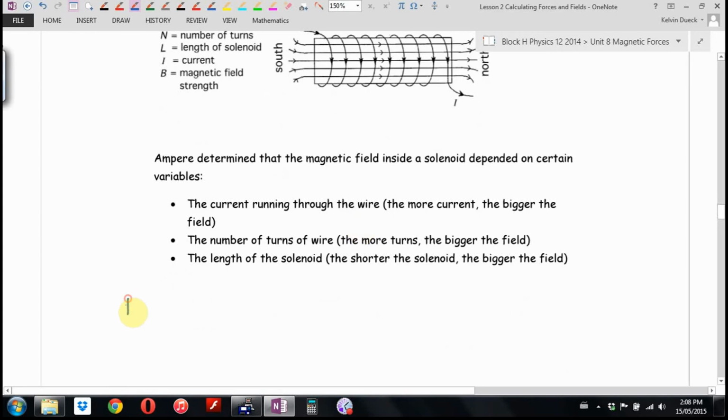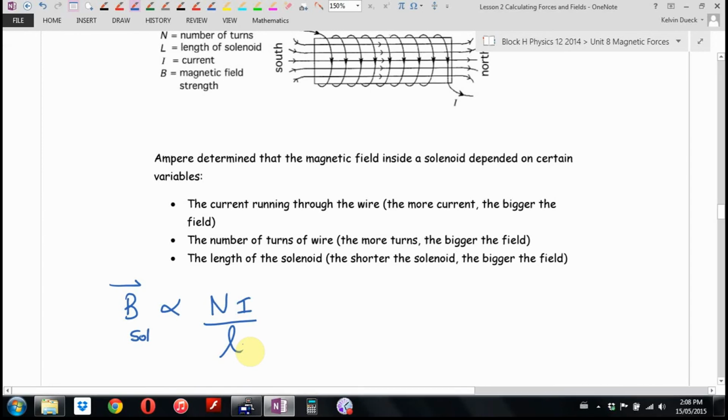He found this. The magnetic field strength from a solenoid depends on these three things. The number of times you wrap the wire around. The current. But it's reciprocally dependent on how long the solenoid is, because longer was worse, not better.